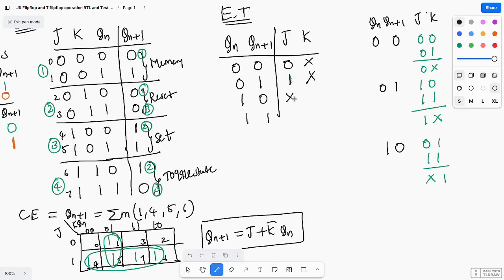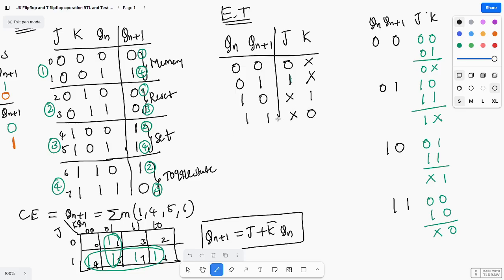And the fourth case, you check 1 1 1 1. This is the fourth case, and this is also the fourth case. See the present state and next state: 0 0 0 0 and 1 0. If you combine, what you are getting? Don't care 0.